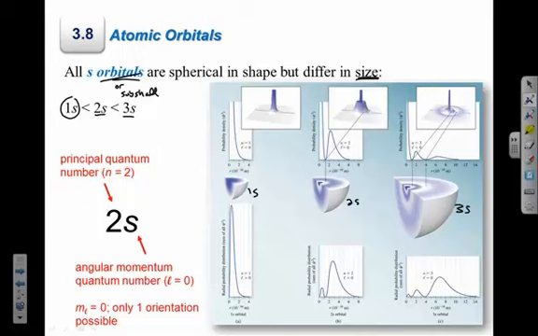So, again, the way that you want to look at these shapes is if you take the wave function that comes from the Schrodinger equation, you can use that to mathematically calculate a 3-dimensional region in space on a Cartesian plot, right? So in the x, y, z axis.